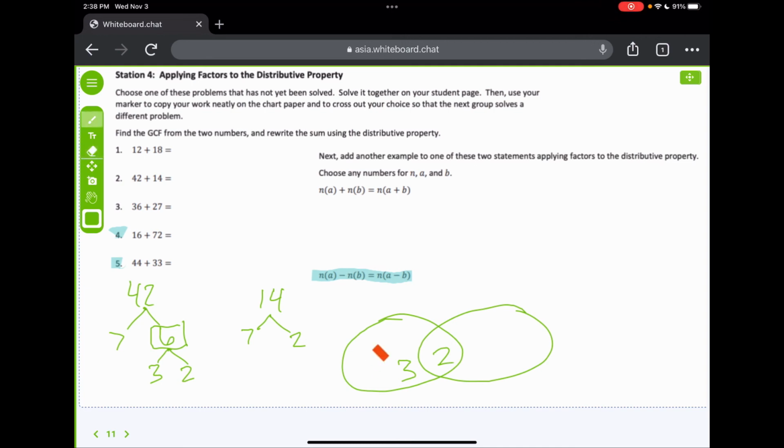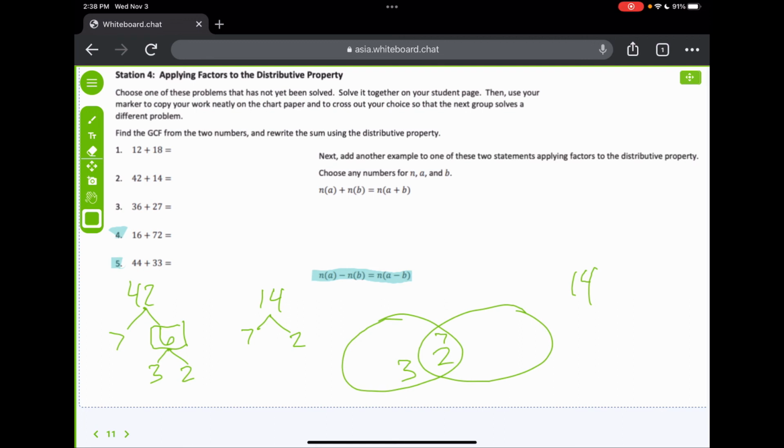So we can put both of those in the Venn diagram, which means we would do 7 times 2, which is 14. So 14 is the greatest common factor.